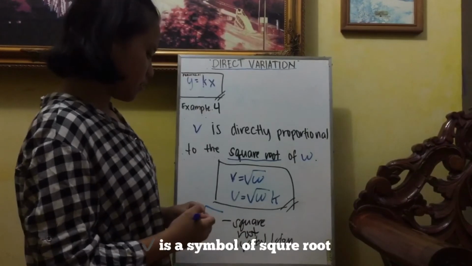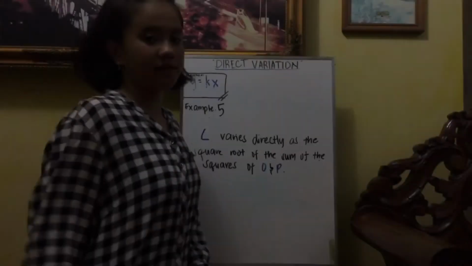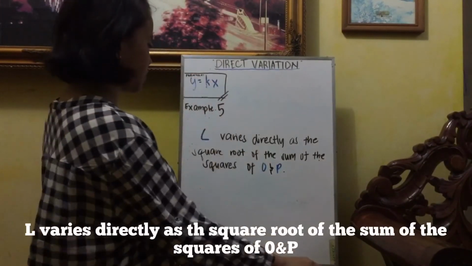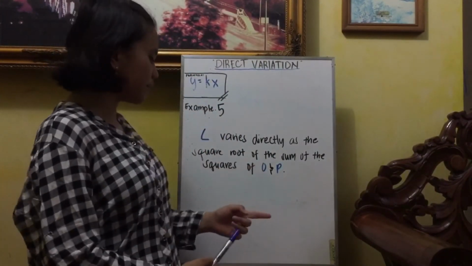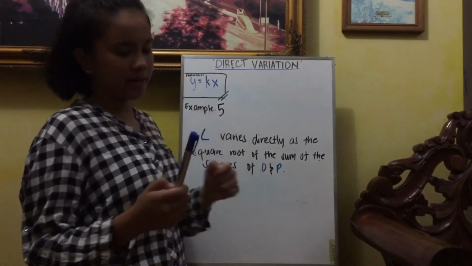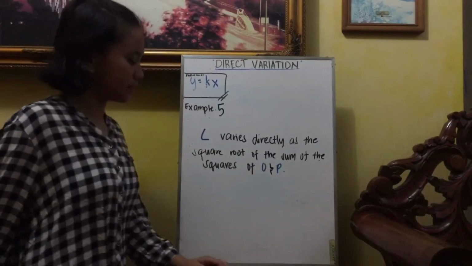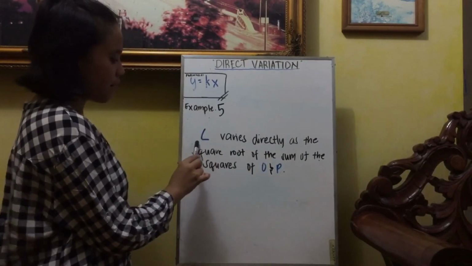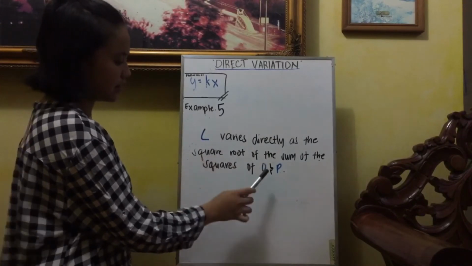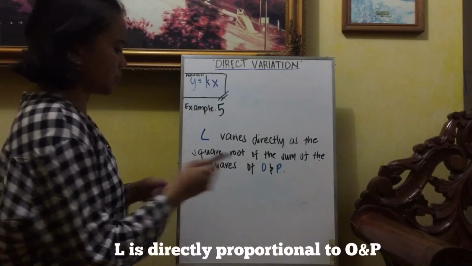Example number 5. L varies directly as the square root of the sum of the squares of O and P. So all we're going to do is make this variable L, and O and P, directly proportional to each other.